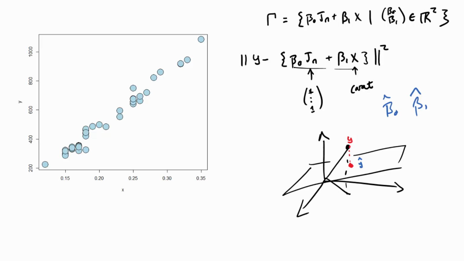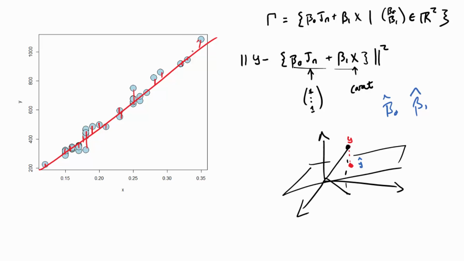Another way to think about this problem is to think in terms of the scatter plot where we have y and x. Here we have a line of the form y equals beta naught plus beta 1 x, and our least squares criterion is taking the vertical distances between the points and the line and finding the line that minimizes the sum of the squared vertical distances. So that's another way to think about it.